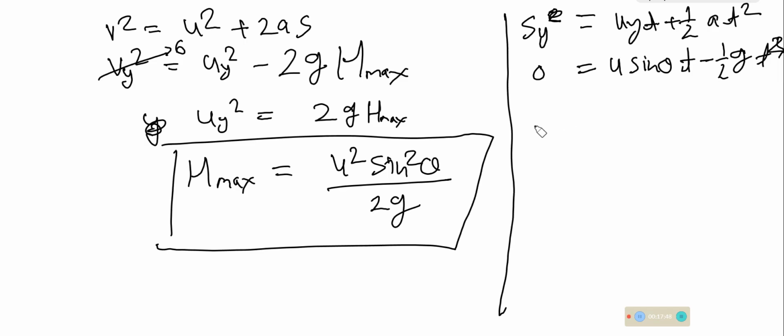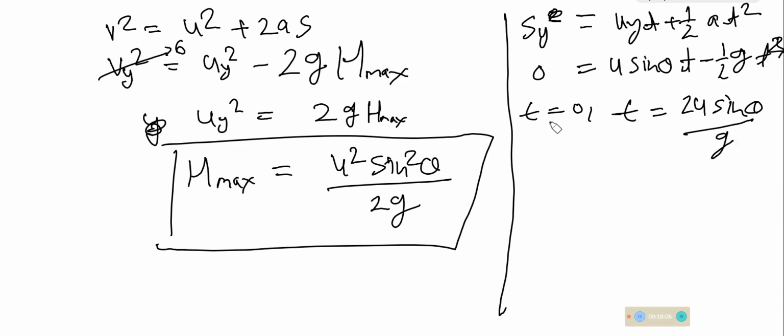So here we can take t common, and one value is t equal to 0, and the other value of t will be 2u sine theta upon g.